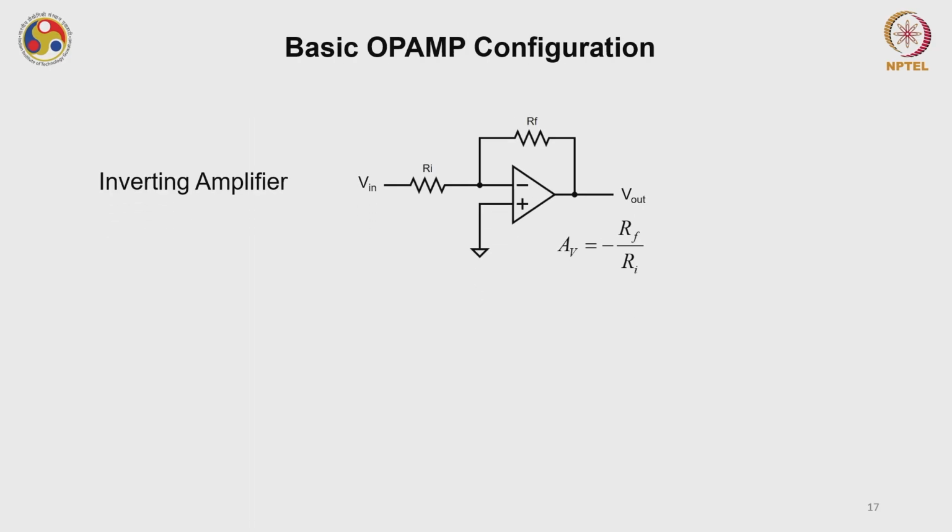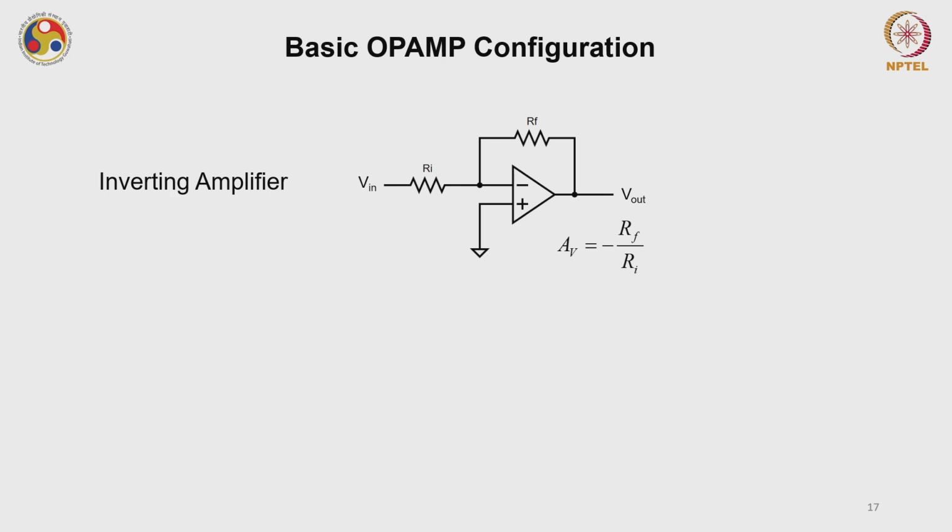So let us see how this op amp can be connected in various configurations for various outputs. This is a basic inverting amplifier configuration.